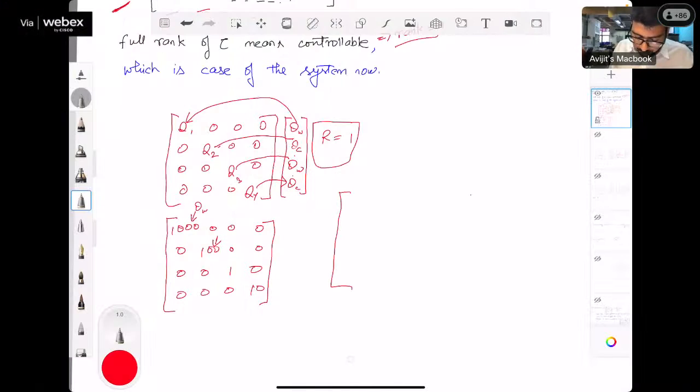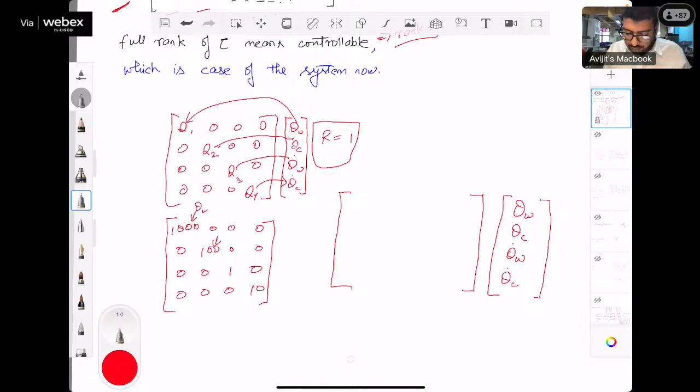So by that logic, our Q matrix will look something like this. Let's say this is theta W, theta C, theta W dot, theta C dot. Theta W will be the least favorite. So what is the most favorite?